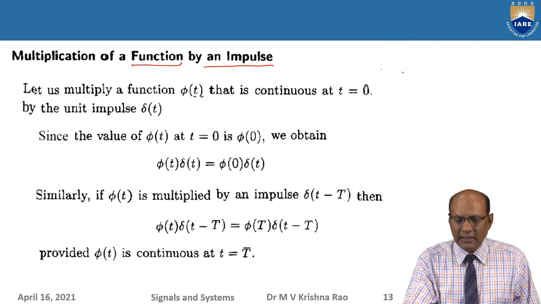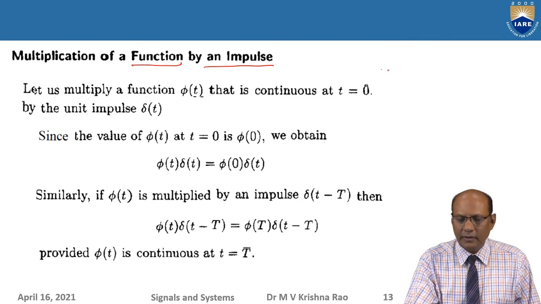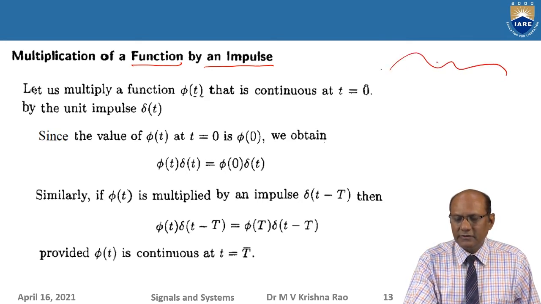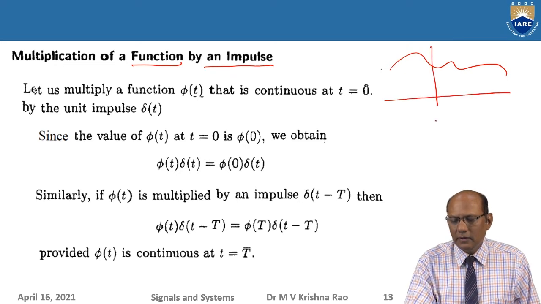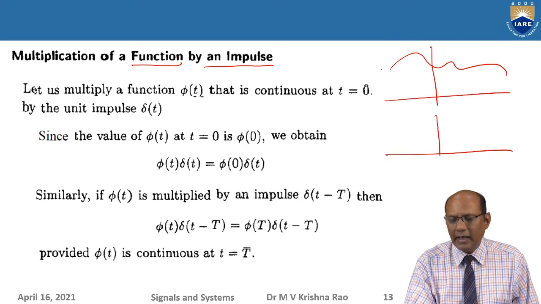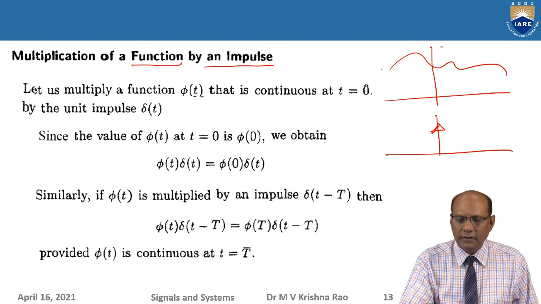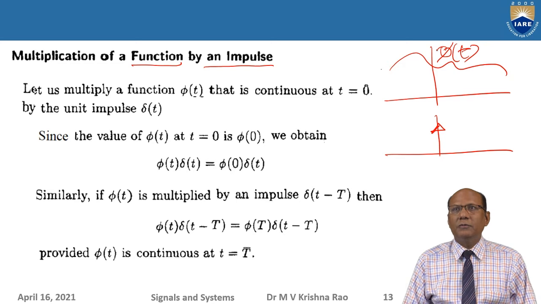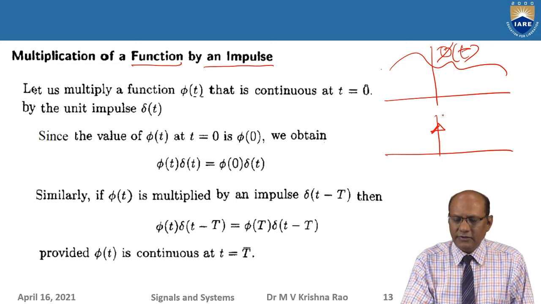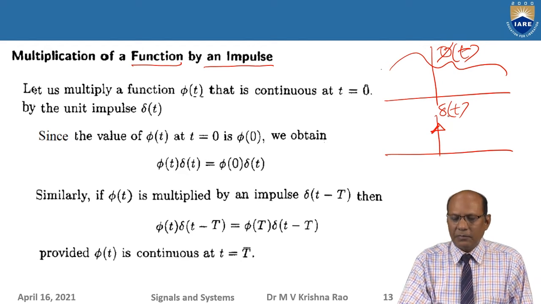Let us say I have some function like this, and I have an impulse here. Let us say this is phi of t, instead of x of t, I am using phi of t here, and this is delta of t. If I multiply these two, what happens?